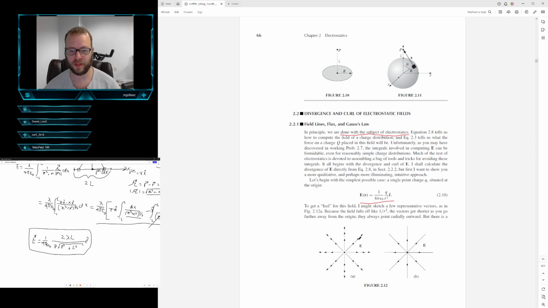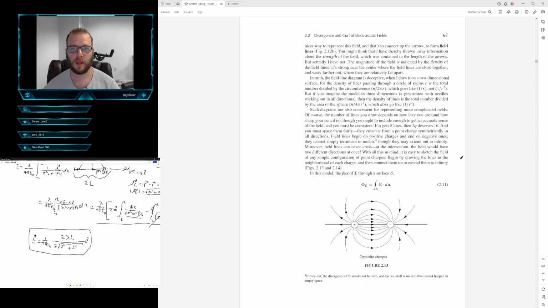So the strength of the field, the little arrows, are going to get smaller as we go further away. Notice that there is no connecting of the arrows to form field lines.